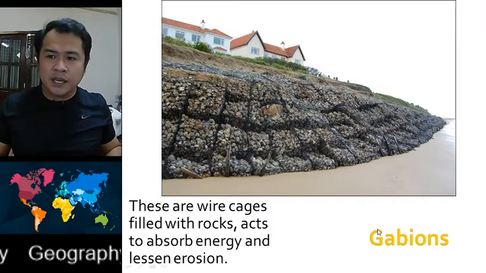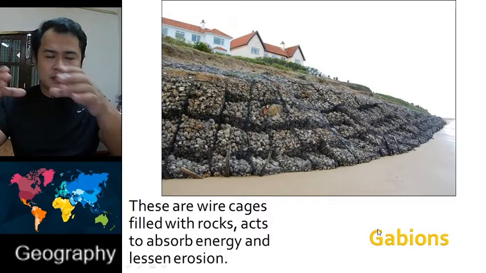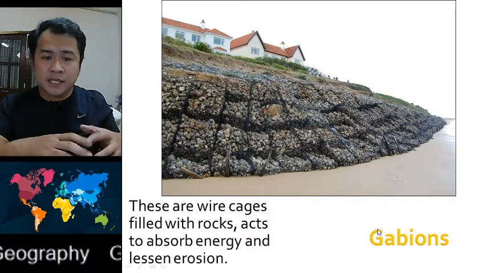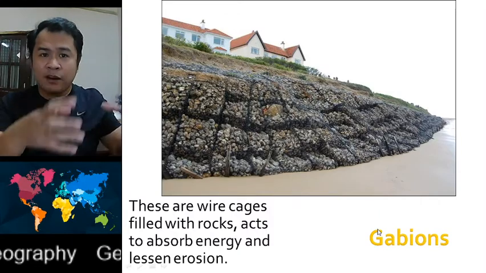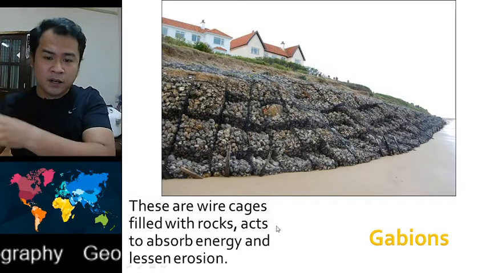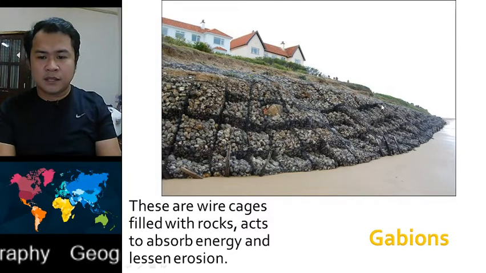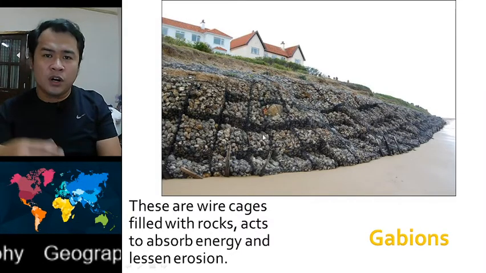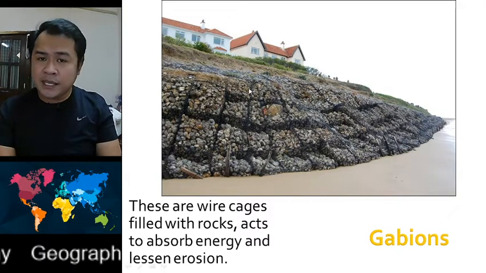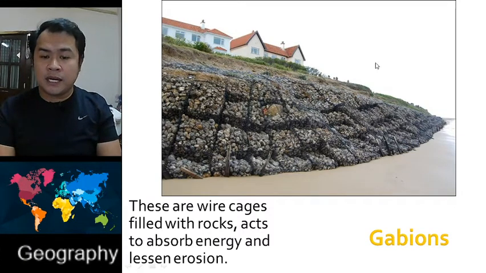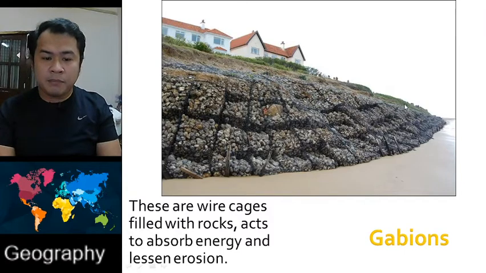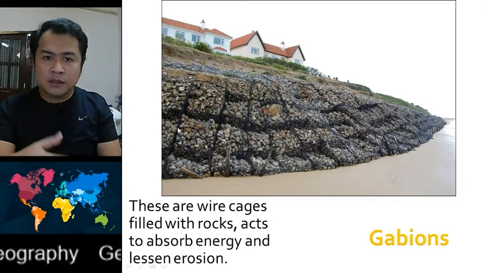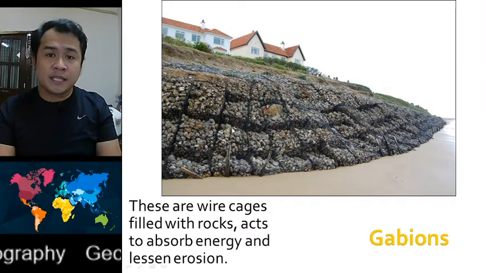They come in like blocks of rocks inside wires, so that you can put them all together like Lego, like this, along the cliffs, so that when storms, high tides, and strong waves come, it will not touch the coastline or your cliff here, but instead it will crash through these gabions and lose its energy from there.